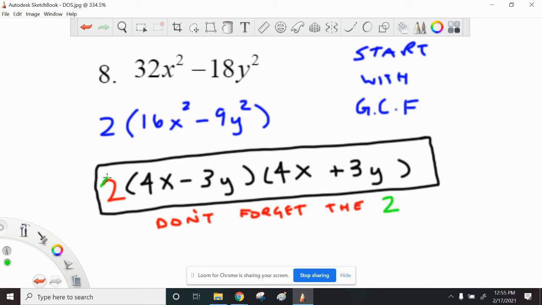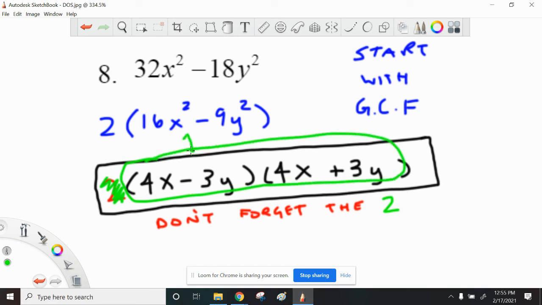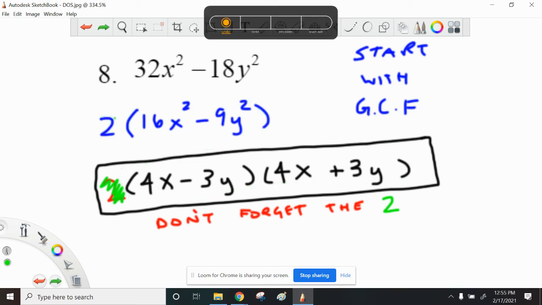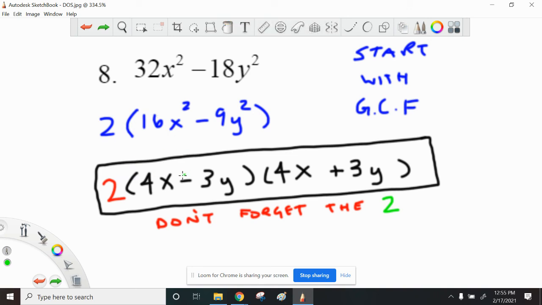If you forget the 2 here, this piece right here is only enough to get you this piece, right? And then you're not able to go back up to the top unless you keep the 2. So as weird as this is, basically just keep all your parts. Don't forget anything. It happens a lot of times. People just forget stuff. That's difference of squares.